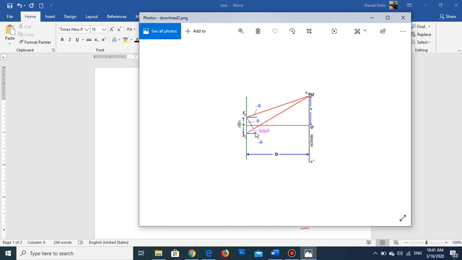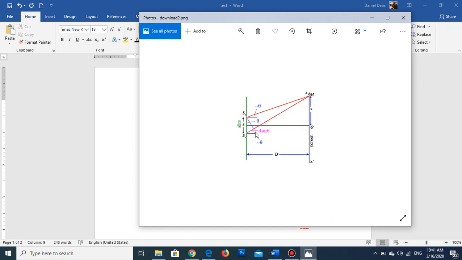For k equals 0, x equals 0. X equals 0 is the position of O. O is this point. So O is a bright fringe of order 0. As I said before, if delta is equal to 0 here, then this point is central. So O is the central bright fringe.